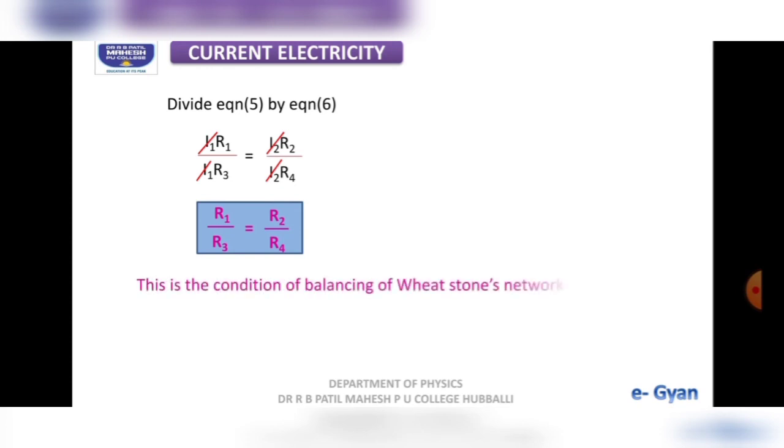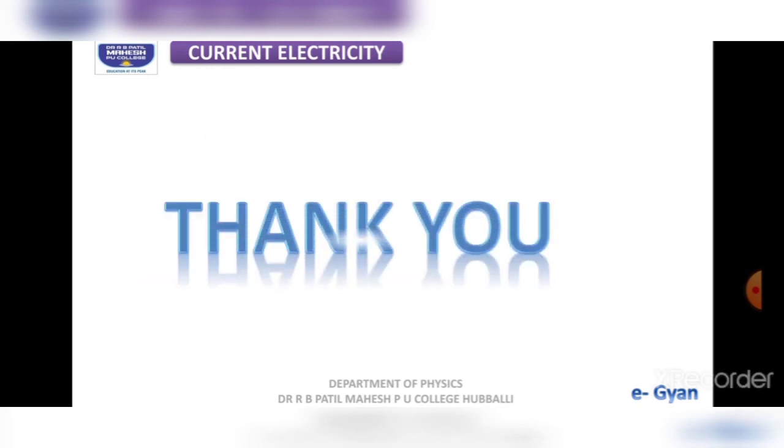Hence we get R1 by R3 is equal to R2 by R4. This is the balanced condition for Wheatstone network. Thank you.